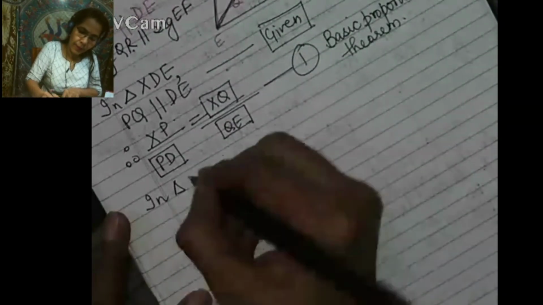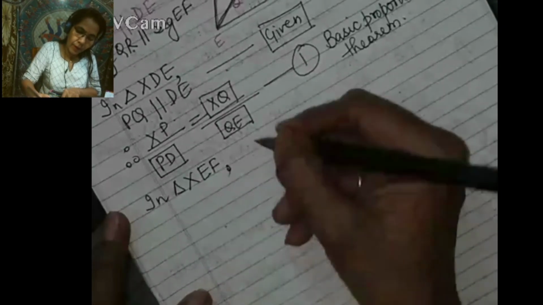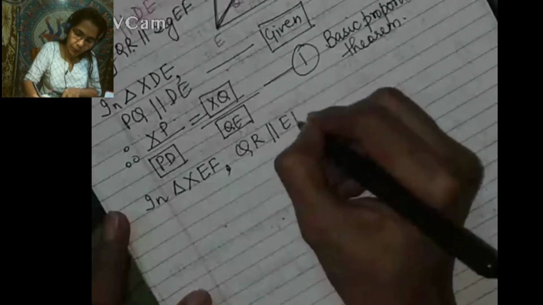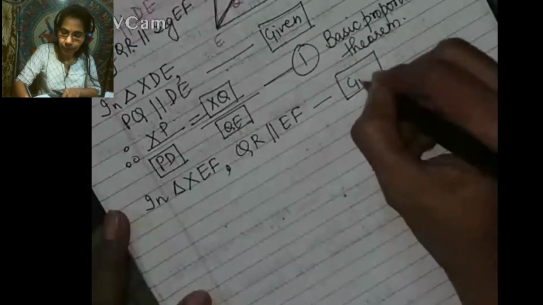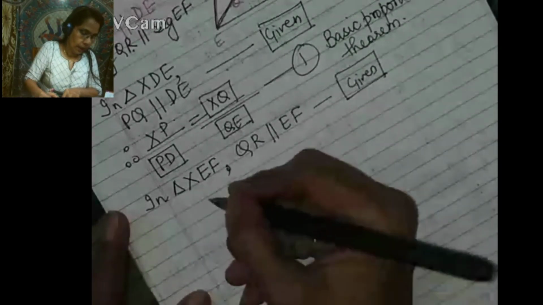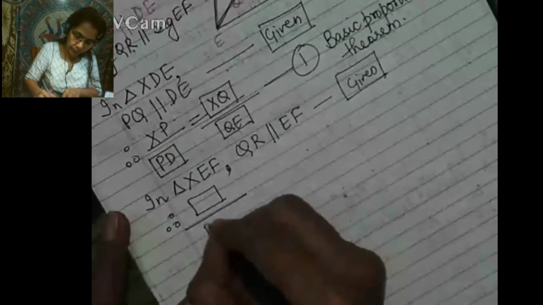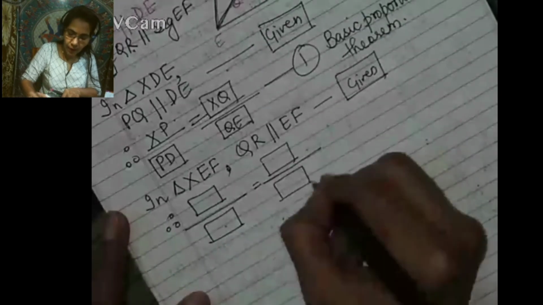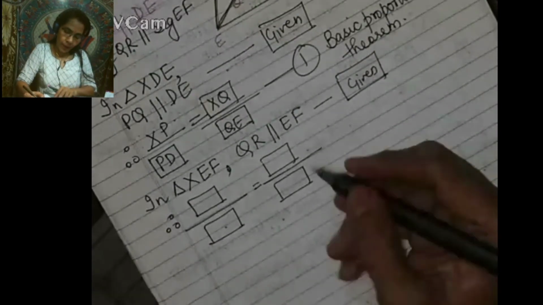Now, in triangle XEF, QR is parallel to EF. This is also given. Therefore, drawing or constructing the boxes is very important.